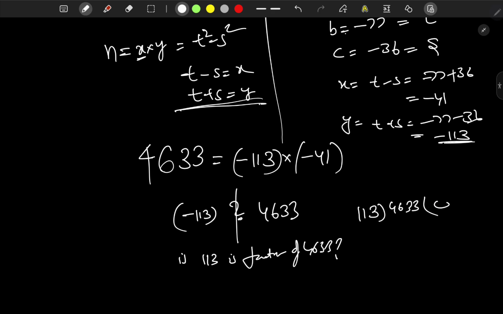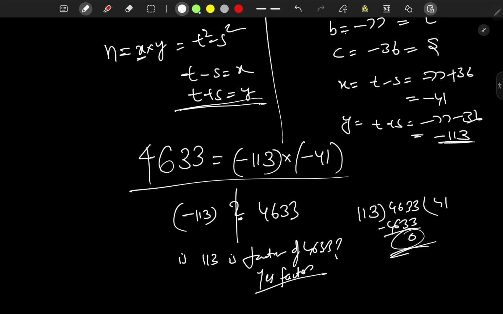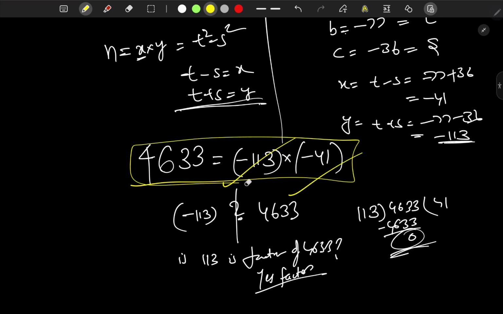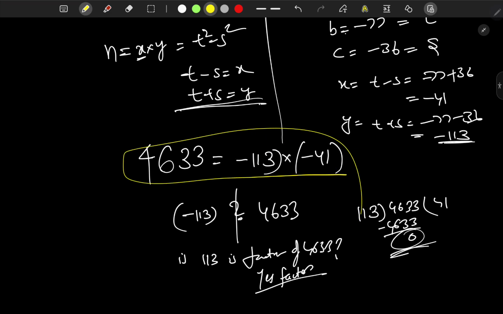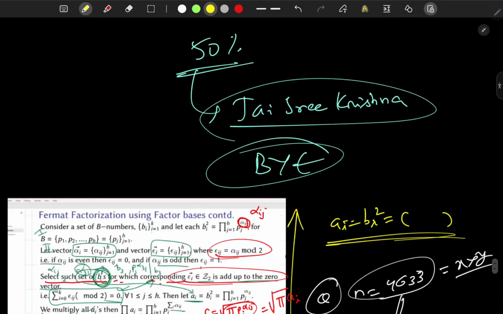Again it becomes 41, common sense. So yes, it is a factor. Similarly, 41 is a factor. So you got my point finally. This is how you will find the factors. That's all you need to know.